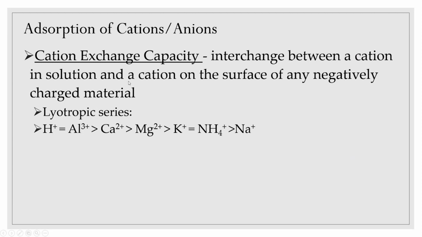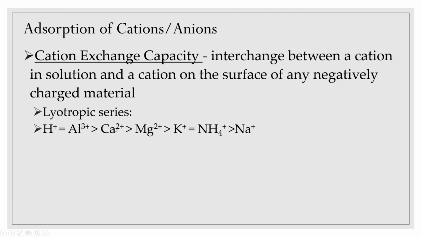And so the way that these cations are held to that soil colloid is a function of their charge and then also their hydrated radius. And we'll go over this in a moment. But for the most part, hydrogen and aluminum are strongly adsorbed to these negatively charged sites.